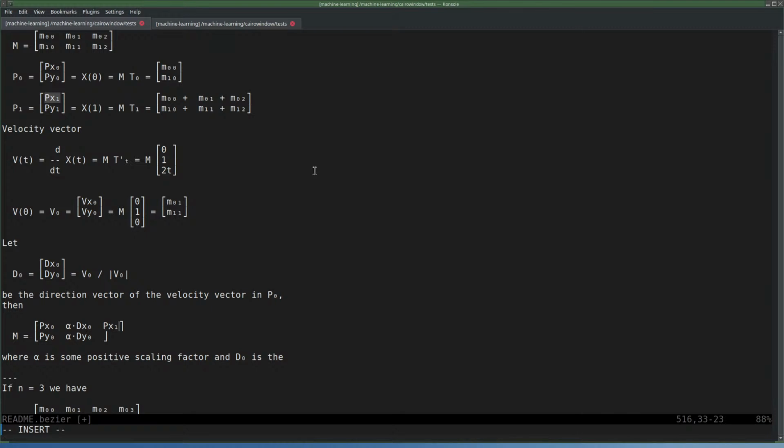So this is p1x minus p0x minus that, and then again for the y coordinate. Well, it looks about right.